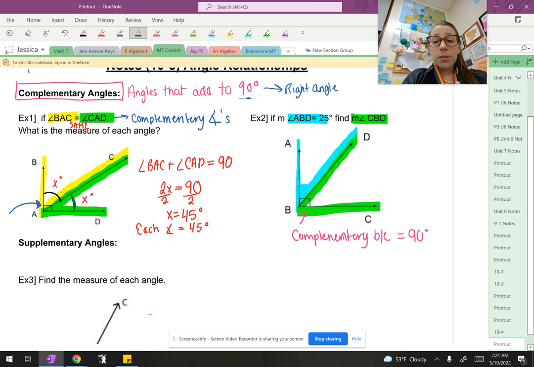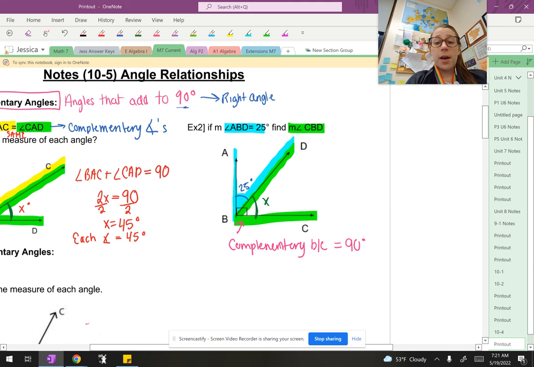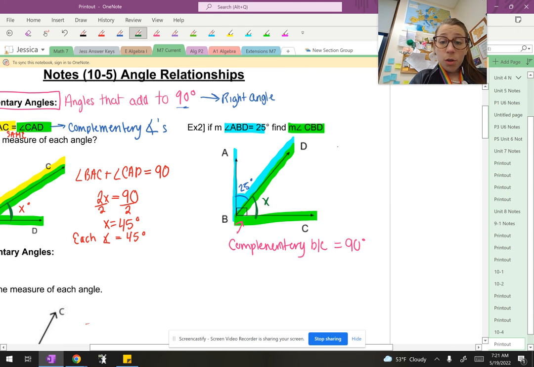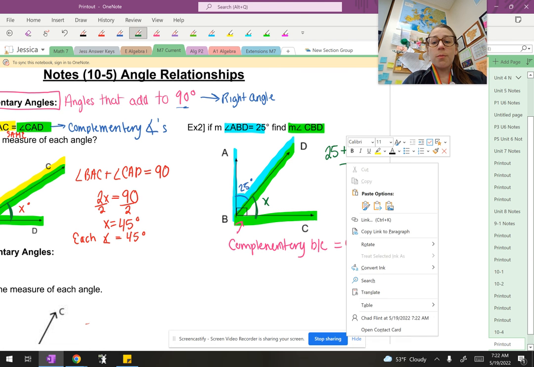If I know that ABD is 25 degrees, and I don't know the measure of angle CBD, I can put an x for that. So 25 plus what equals 90? Well, you could very easily solve that without even setting up the equations. I'm just showing you the equation way to do this.